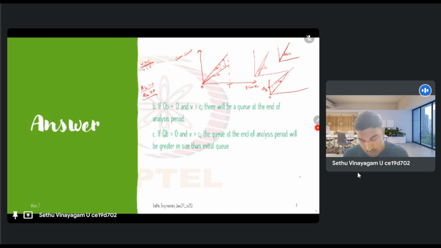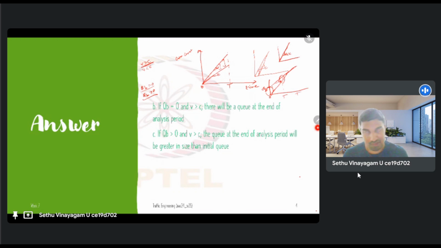So if your end of analysis period is somewhere here, you will have a smaller queue length than QB. QB was here; your queue length at time t will be smaller, and if your time was sufficiently larger, your queue length may be zero as well. So the departure curve meets your arrival curve, and then they will go together after that.